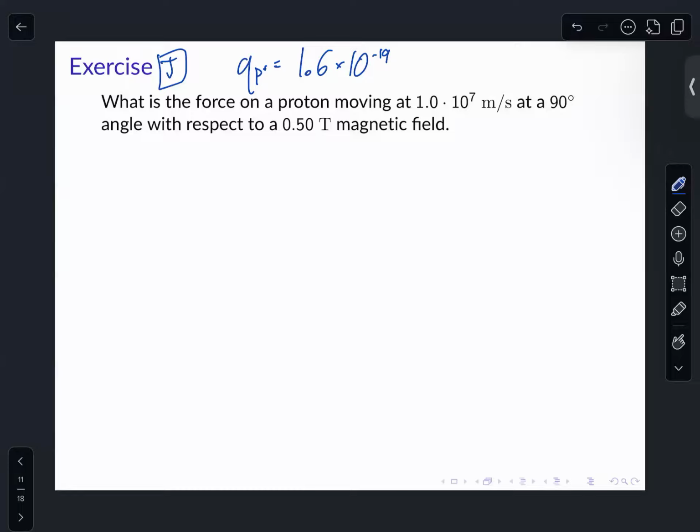Oh, look, the answers get better when I can read the screen. I'm not looking for positive, negative. I'm looking for a magnitude here. Don't tell me plus or minus.